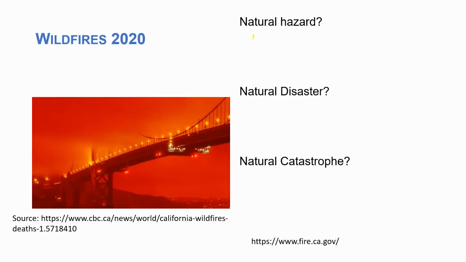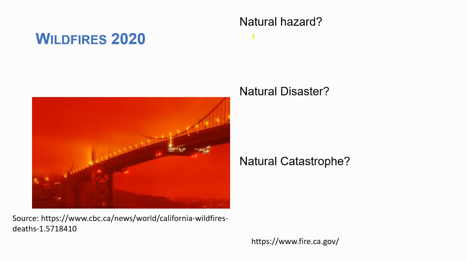Is it a natural disaster? Well, definitely we have loss of life, loss of property, as we saw on that website. And so it qualifies as a natural disaster, actually. And really, the amount of area that's burned might even bring it into catastrophe.